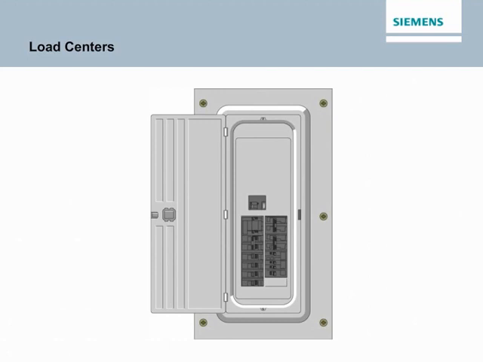Load center is an industry term that applies to the types of panel boards used in residential or light commercial applications. The National Electrical Code makes no distinction between a panel board and a load center. Rules and definitions that apply to panel boards also apply to load centers.